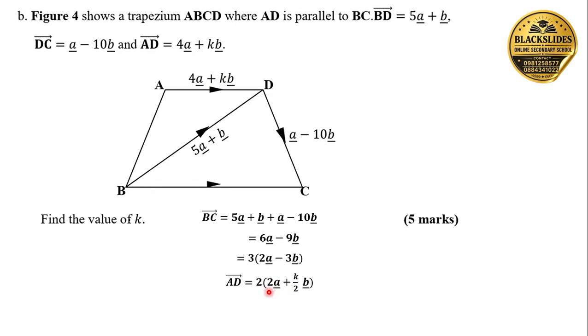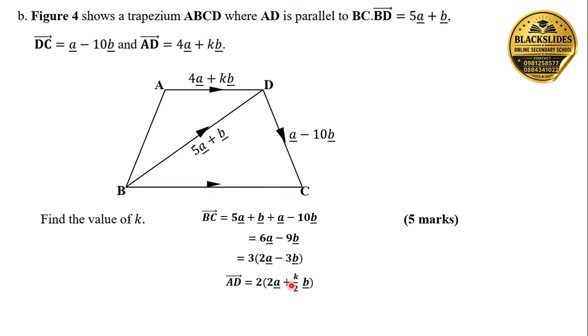Despite having different scalars, as they are sometimes called, these vectors have something interesting in common between the two. We have a 2a here, 2a there. That means this part is also the same as this part.